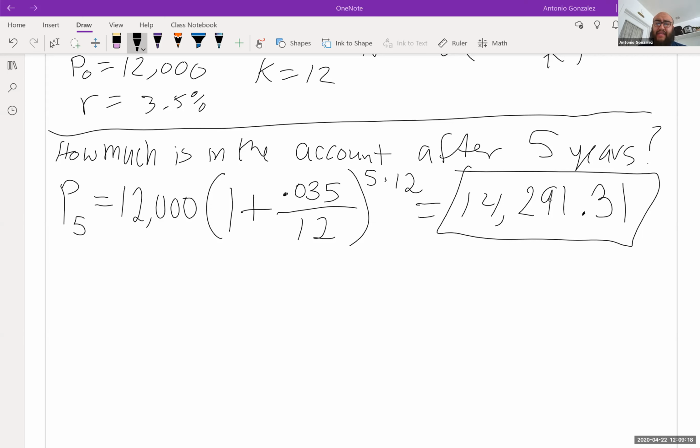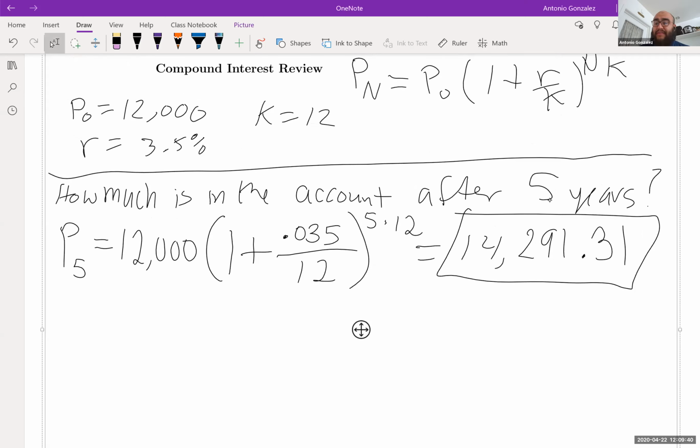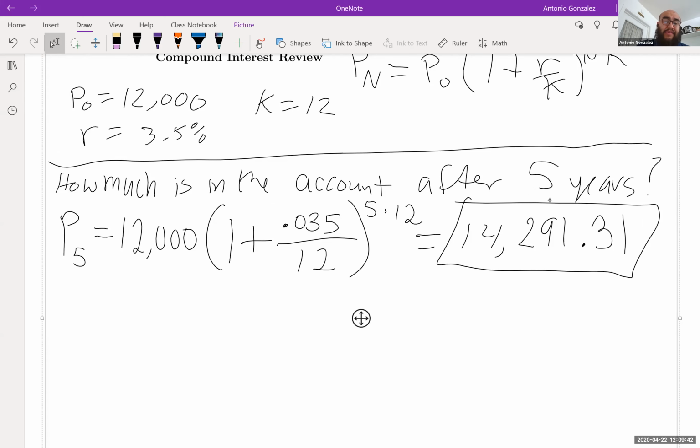If they don't tell us the initial amount, then we just call it P0. If we don't know how much we start with, the answer will be relative to our initial starting amount. So we just set P0 as some constant, and this would just be replaced by P0.